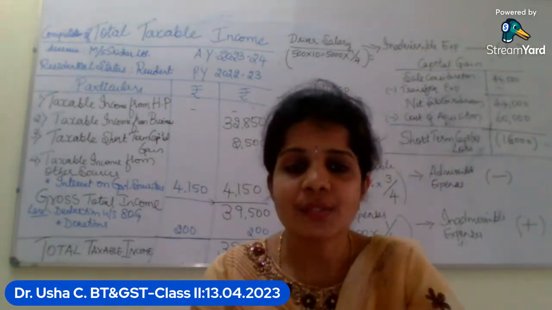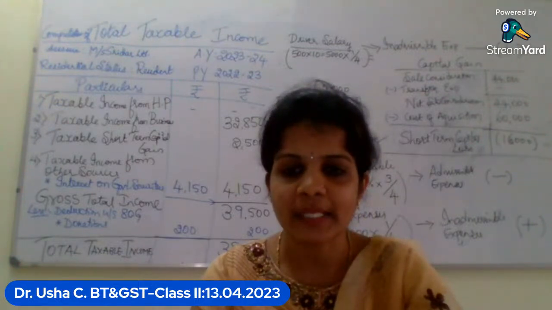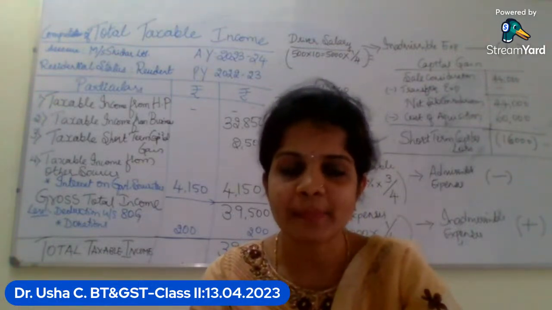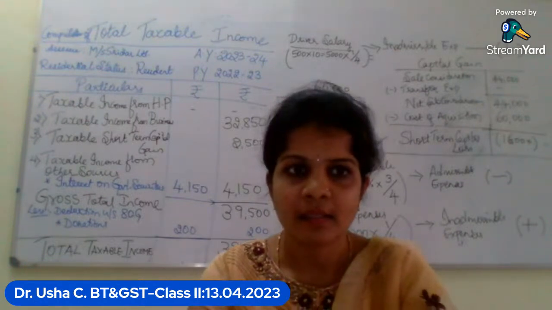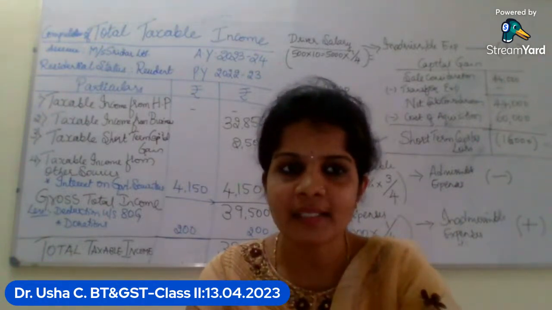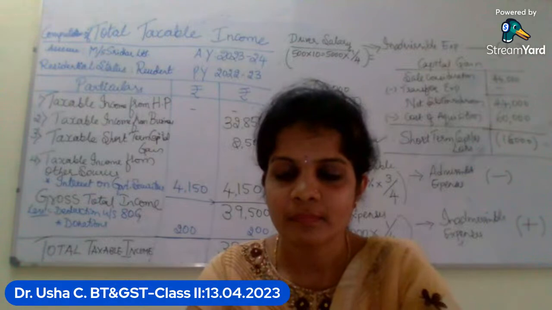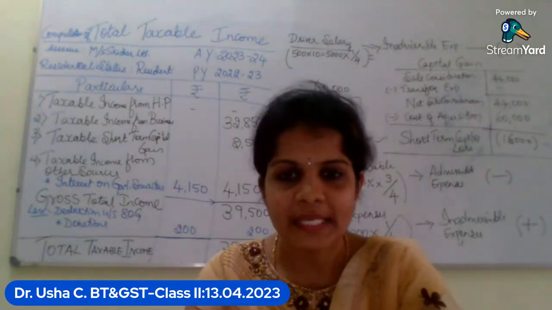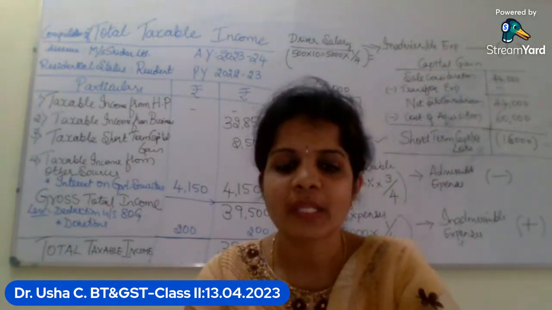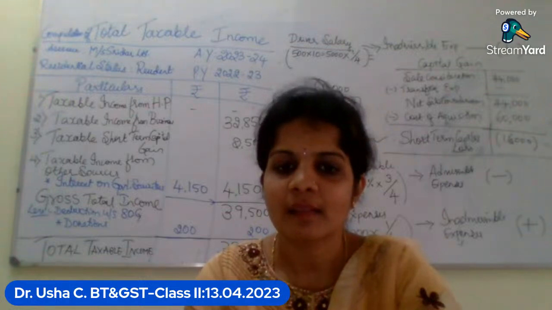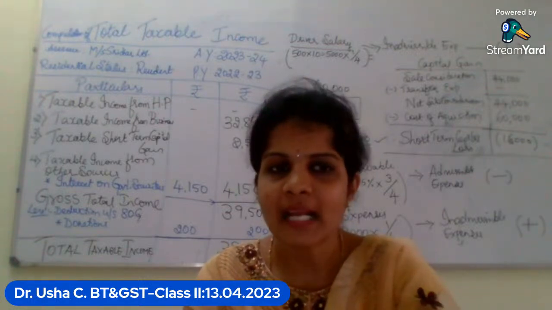But they have asked us to calculate total taxable income, correct? How can we calculate the total taxable income? By taking house property income, capital gain, business income, and other sources.